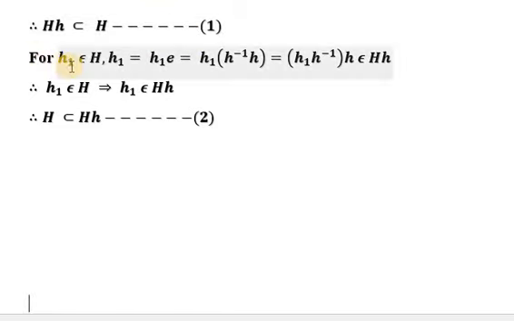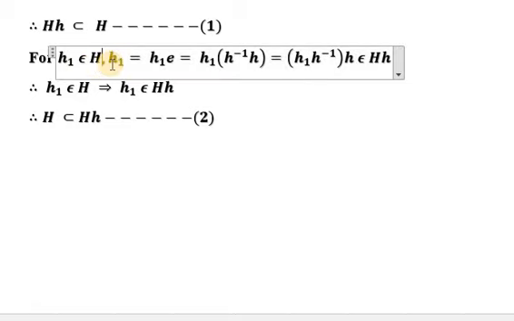For h1 belongs to H, h1 is equal to h1 e, which is equal to h1 h inverse h, because e is nothing but h inverse h. Then this is equal to h1 h inverse into h by using associative law, and that belongs to the right coset Hh.